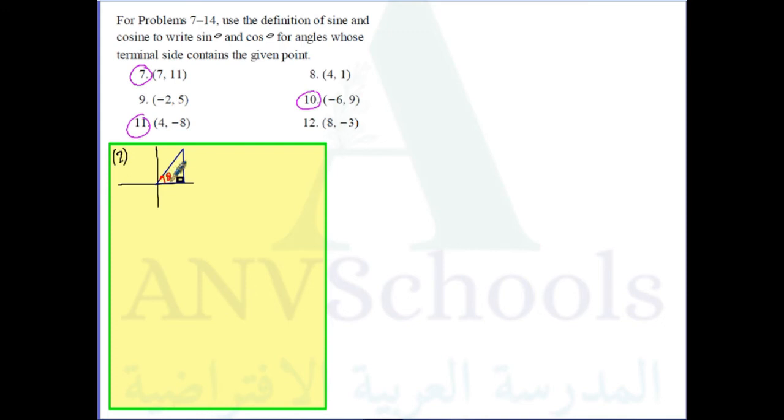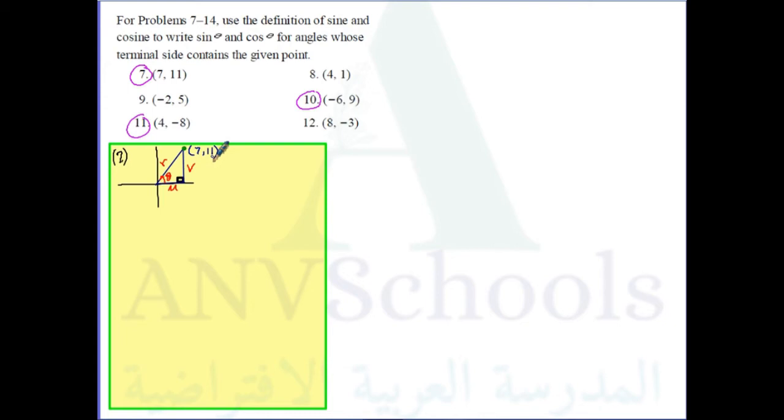This is our v, this is our u, this is our r. And our point is here, the point on the terminal side, which is (7, 11).